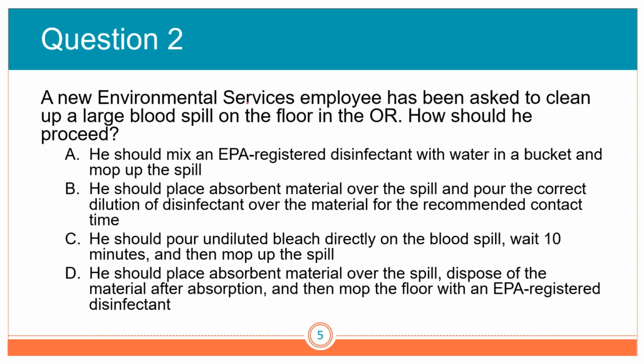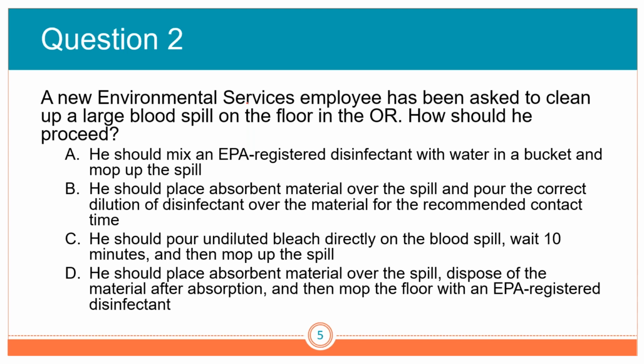A new environmental services employee has been asked to clean up a large blood spill on the floor in the OR. How should he proceed? A. He should mix an EPA-registered disinfectant with water in a bucket and mop up the spill. B. He should place absorbent material over the spill and pour the correct dilution of disinfectant over the material for the recommended contact time.